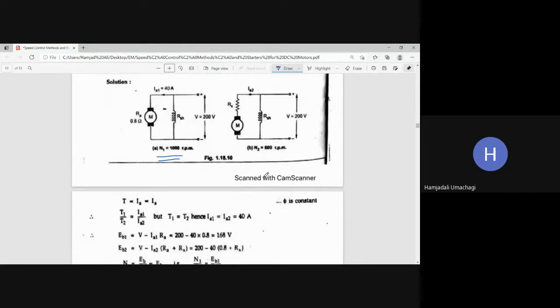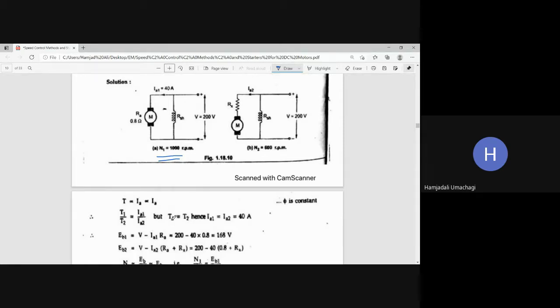Now, for DC shunt motor, we know that torque is directly proportional to armature current because flux is constant. So T is directly proportional to IA. Using this, T1 by T2 is equal to IA1 by IA2. T1 is for the first speed, T2 is for the second speed, N2. But also, T1 equal to T2, like in the earlier problem, all the torques are constant.